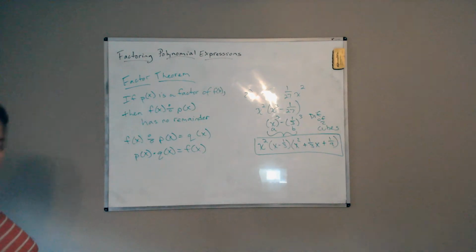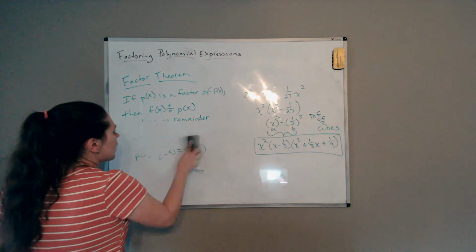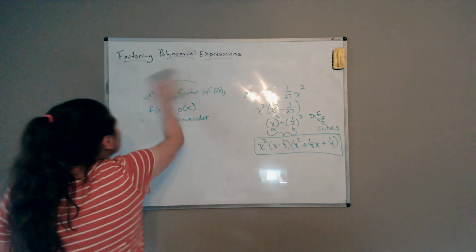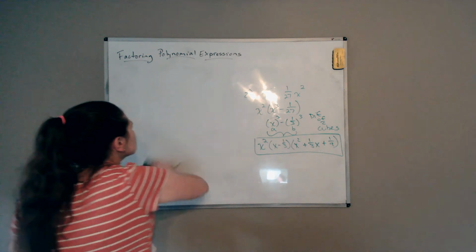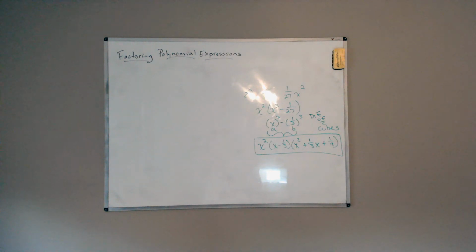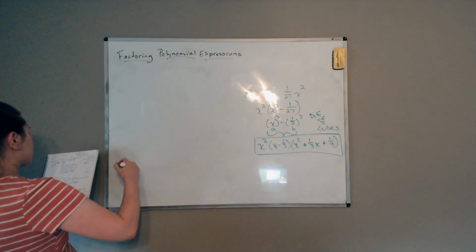So that's the factor theorem. We're going to use our knowledge of what it means to be a factor to do a few problems now. No remainder would mean that there was a remainder of 0.